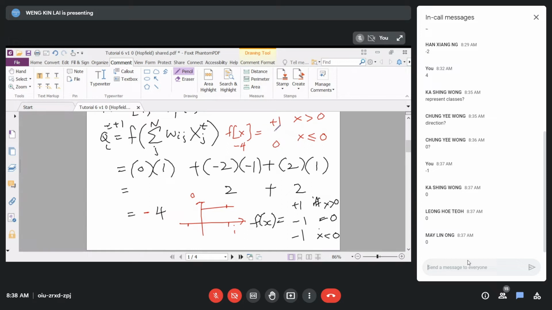Let's focus on this: f, the function, transforms this particular value here. It can be either +1 or 0. So when do I get +1? When x is more than 0. When x is less than or equal to 0, I get a 0. So if my x is -4, what's my output after going through this transform, which if you represent it graphically, looks like this? So it's -4 over here. What's my output? This output is actually not 0, in case I confuse you.